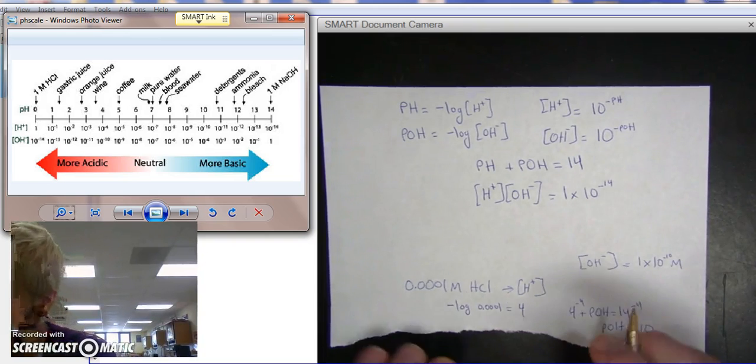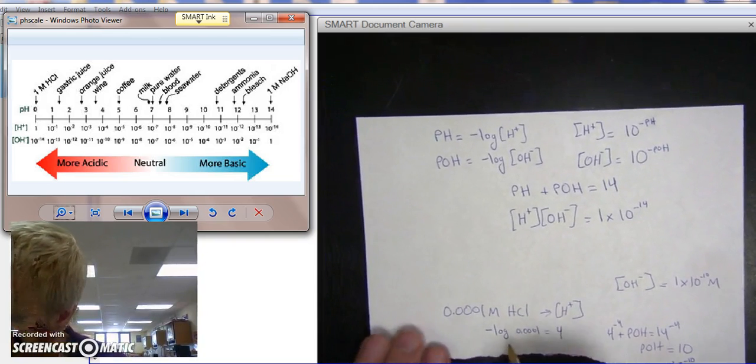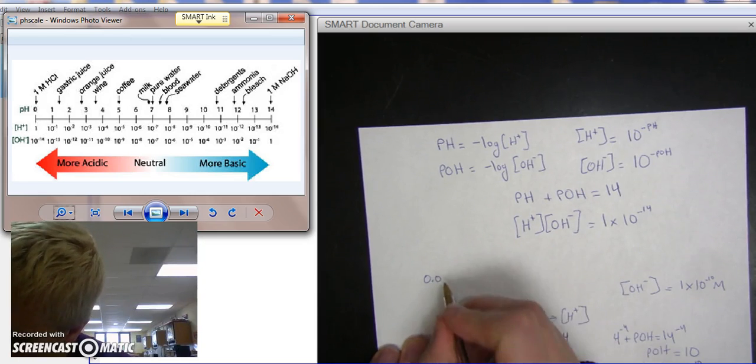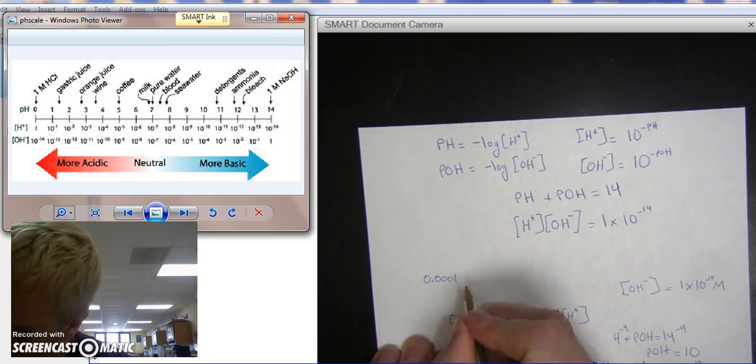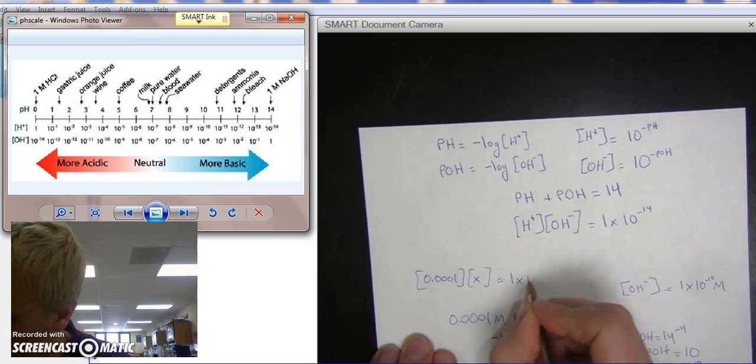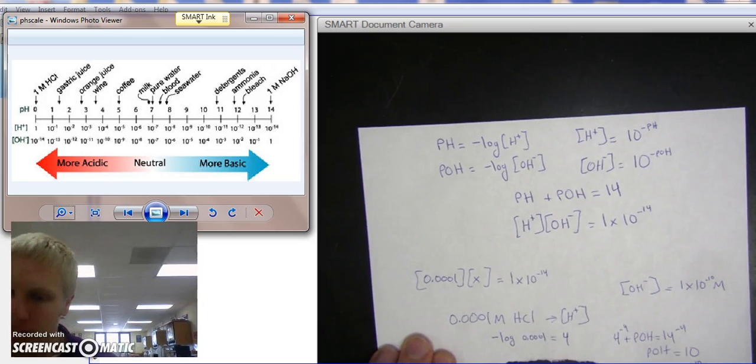Another way of doing this would be taking my original 0.0001 concentration, multiplying it by an X concentration, that equals 1 times 10 to the negative 14.